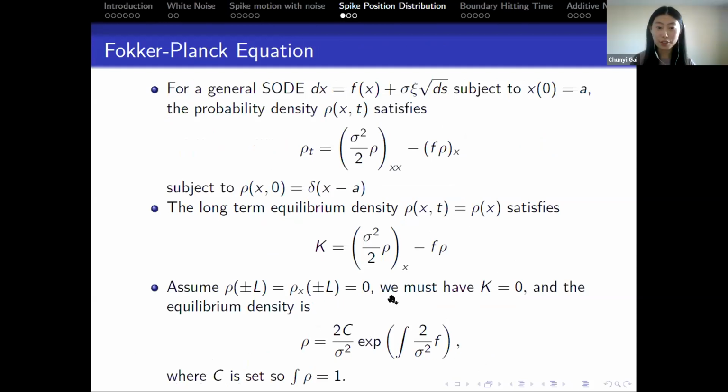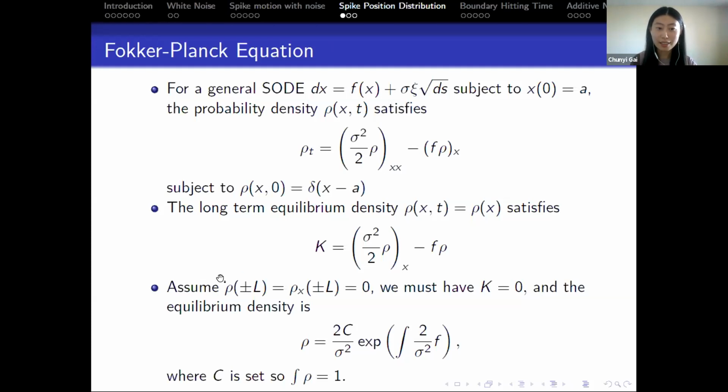You mean for this boundary condition, like rho at plus minus L? Yes. Since in this case we assume the noise is small, the spike cannot reach it. Well, not cannot: if you want, maybe we need to wait forever for the spike to reach the boundary. There is a really small chance for the spike to reach the boundary.